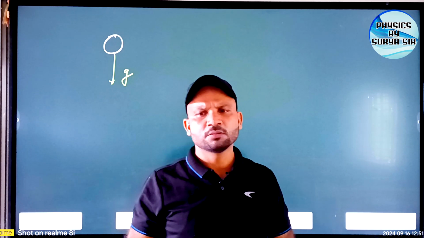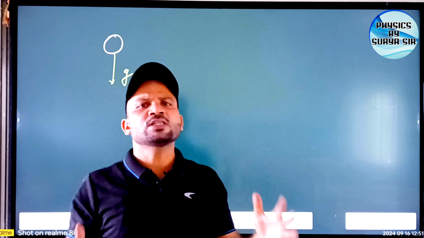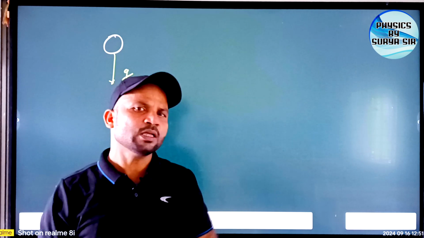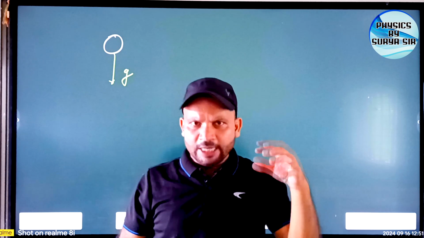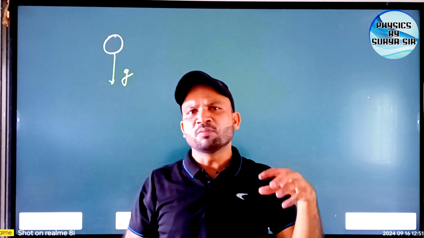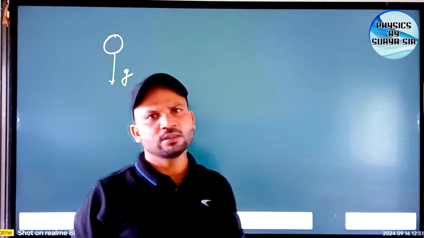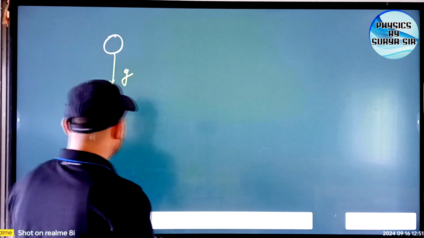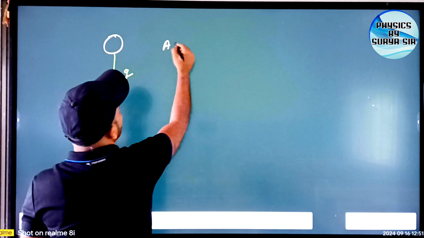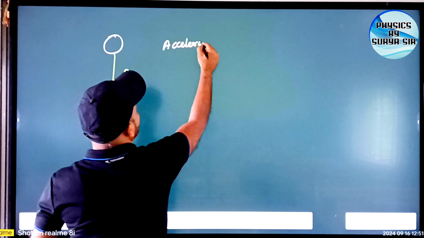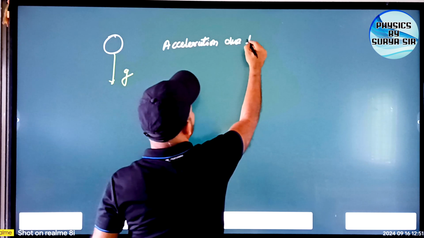The conclusion is: if any mass is in the gravitational field of earth, the earth attracts that mass, and due to that force of attraction the mass gets accelerated. That acceleration is called acceleration due to gravity.